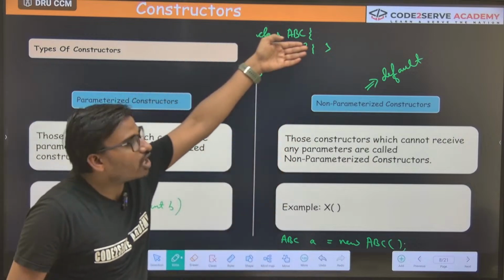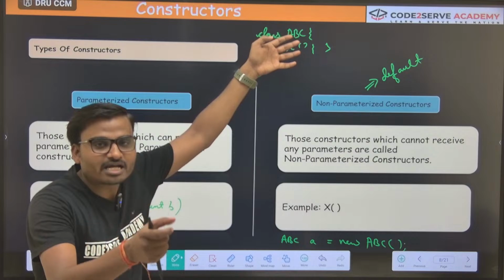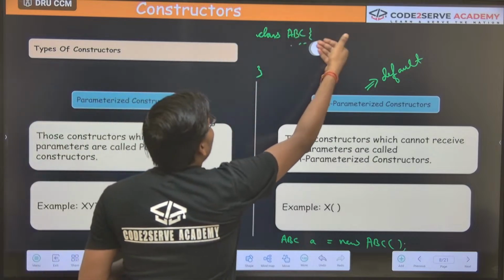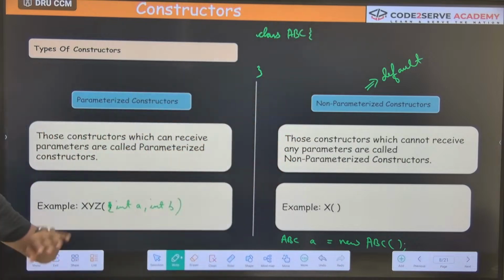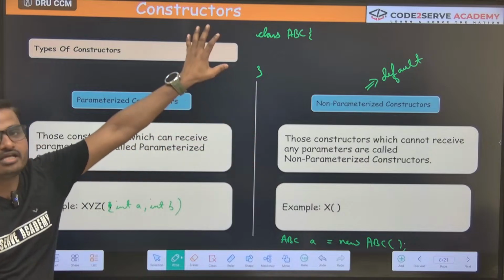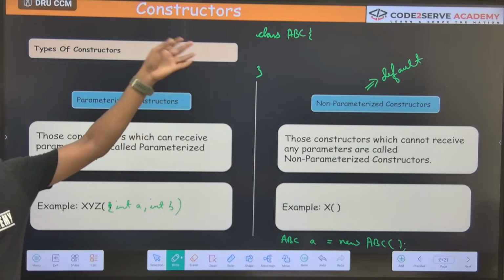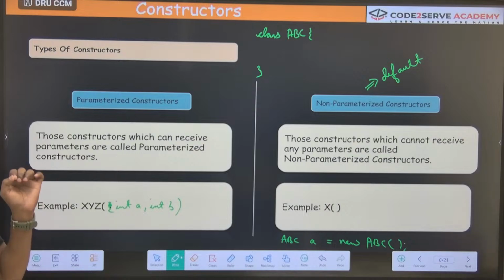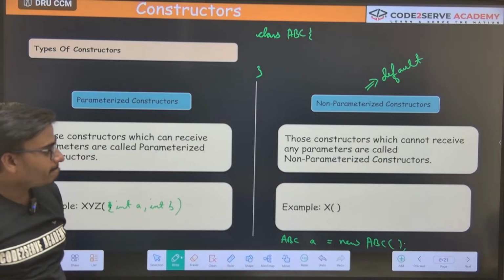Even though this was not present, this is supplied by the compiler. So you have to keep in mind, even if the class is not having the default constructor or the parameterized constructor, the compiler will supply that default constructor. Okay, so these things you have to keep in mind. All right.